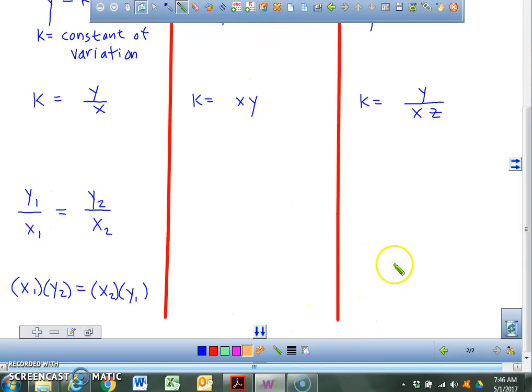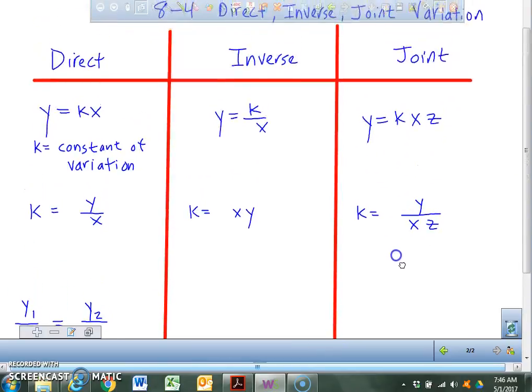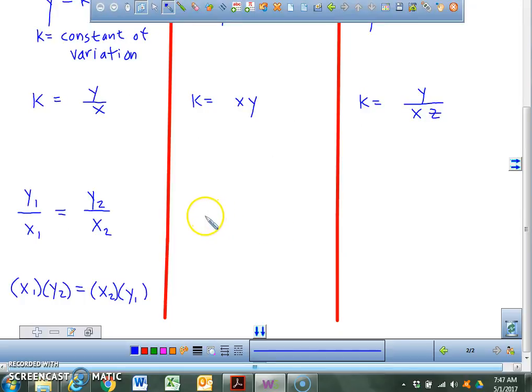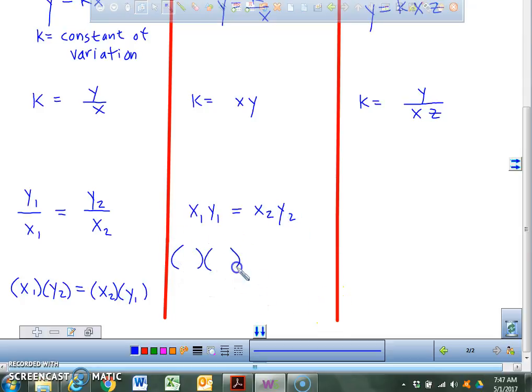You can set it up as a proportion. Inverse variation you cannot set up as a proportion because it's inverse. But you can set it up like this: x1 times y1 equals x2 times y2.